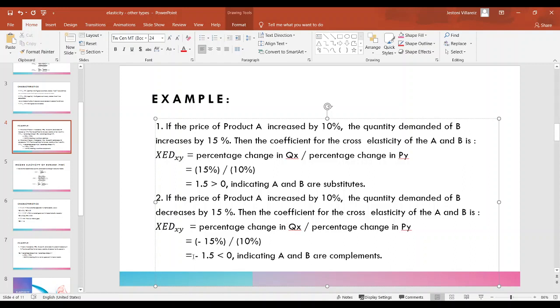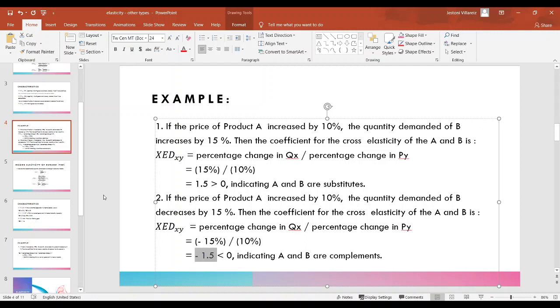And if it's negative, now unlike sa PED, since we are using own price of the product, it is expected that all the answers are negative. But since in XED or cross price, we are using a different product's price, we expect a positive answer.